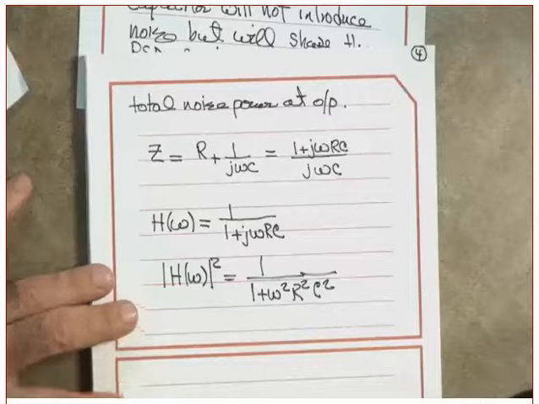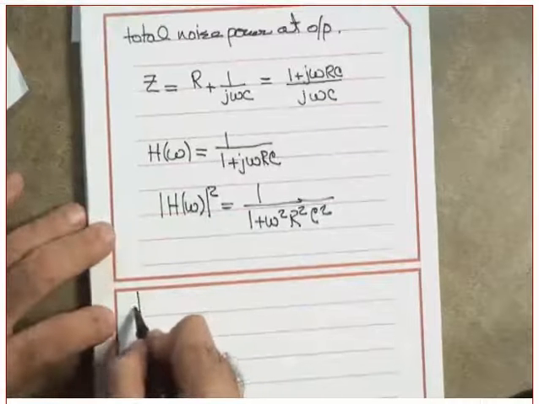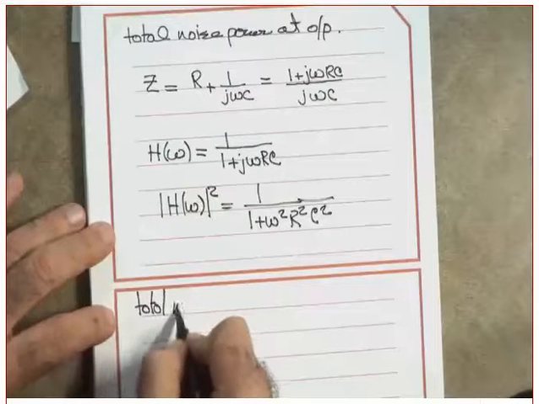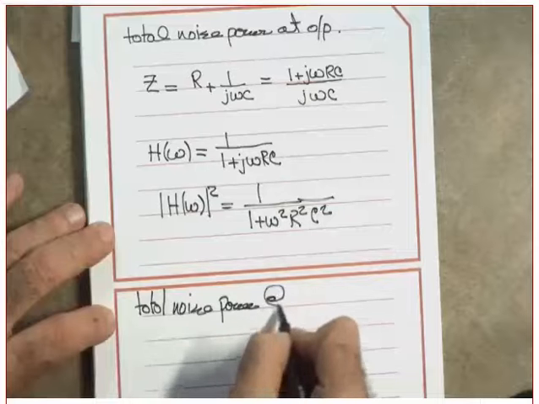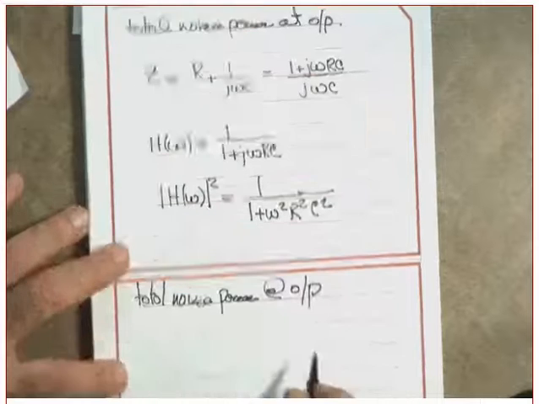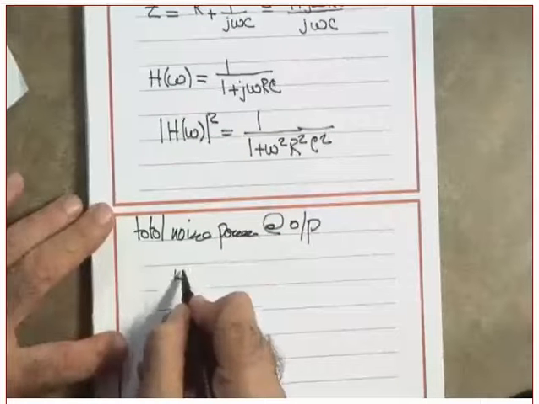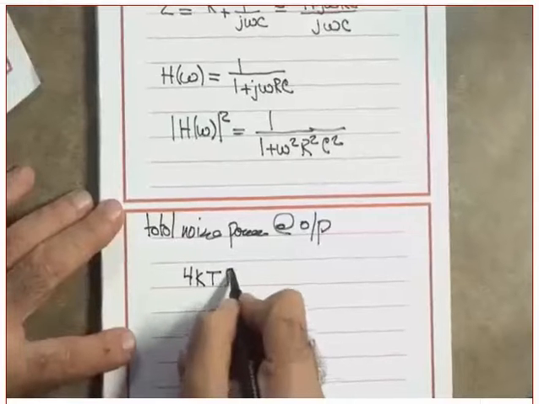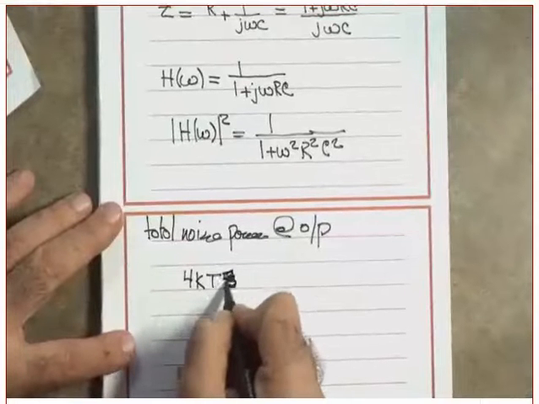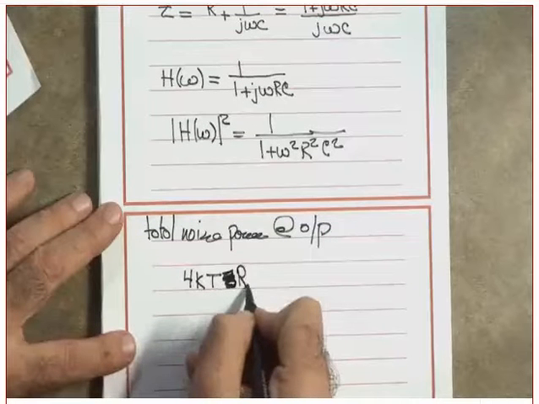You agree? And then what is the total output noise power? It's equal to 4kTBR.